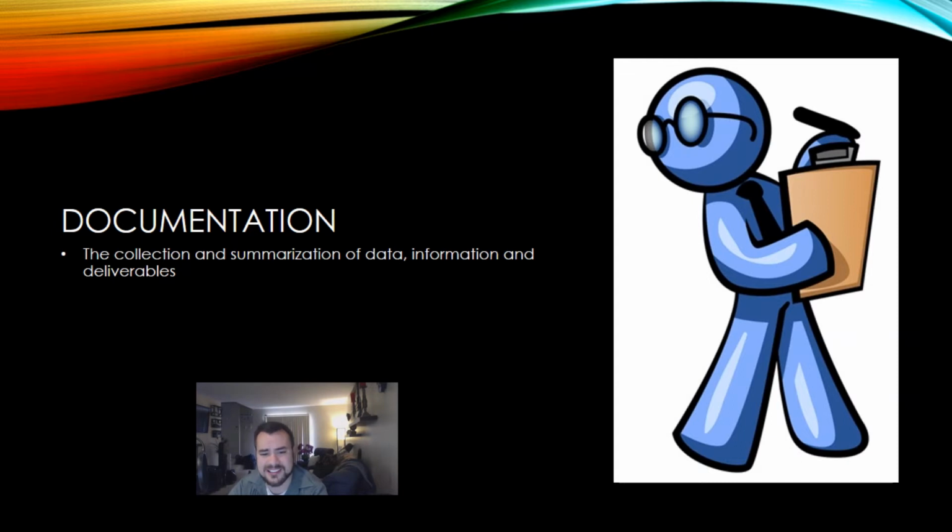Documentation is the collection and summarization of data, information, and deliverables. Documentation is ideally used to track what happens during system development. It's for recording costs, activities, changes. Ideally, this all happens while the project is moving forward.